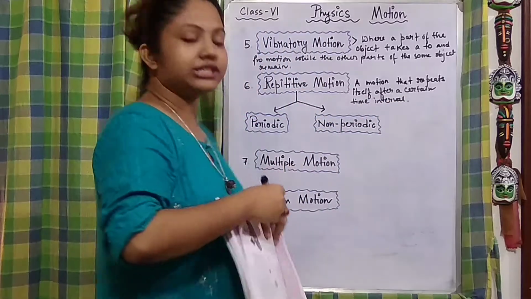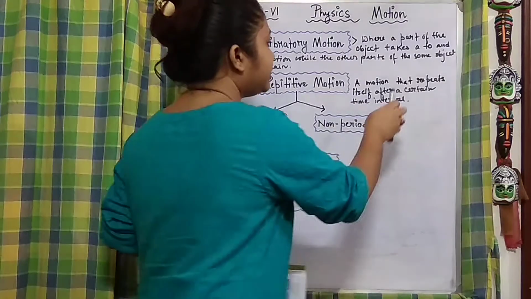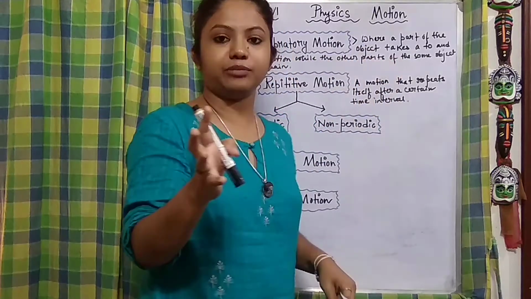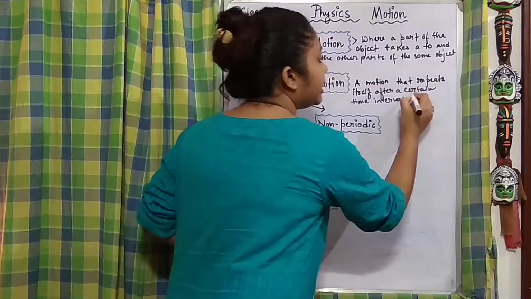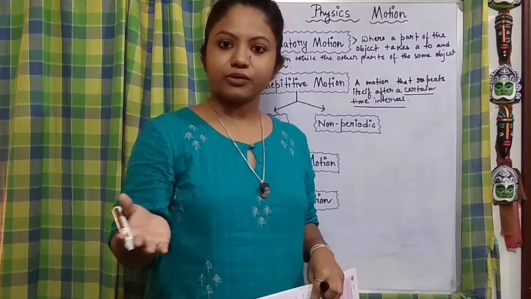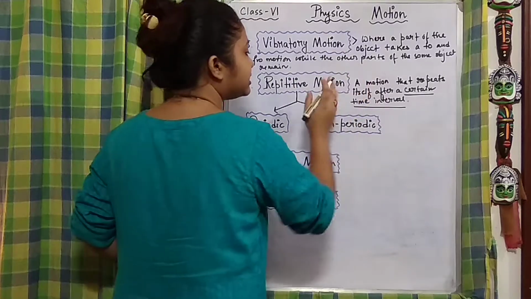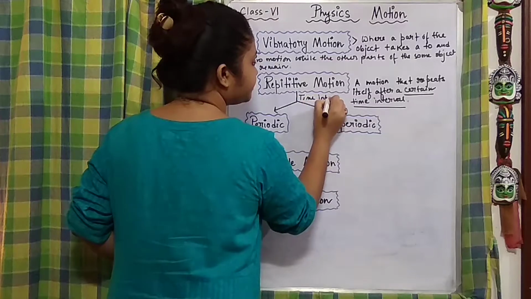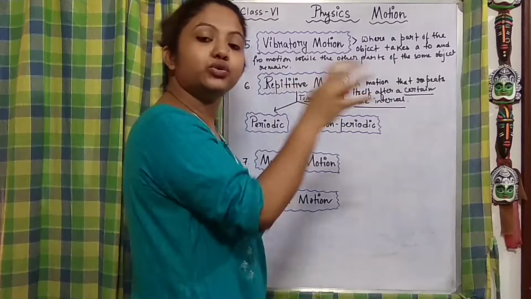Now the catch is this: in this kind of motion the motion is repeating itself after a certain time interval. Mark this phrase very carefully, certain time interval. It can be regular or irregular. That is the catch. Based on the time interval of the motion, it is classified into two types.